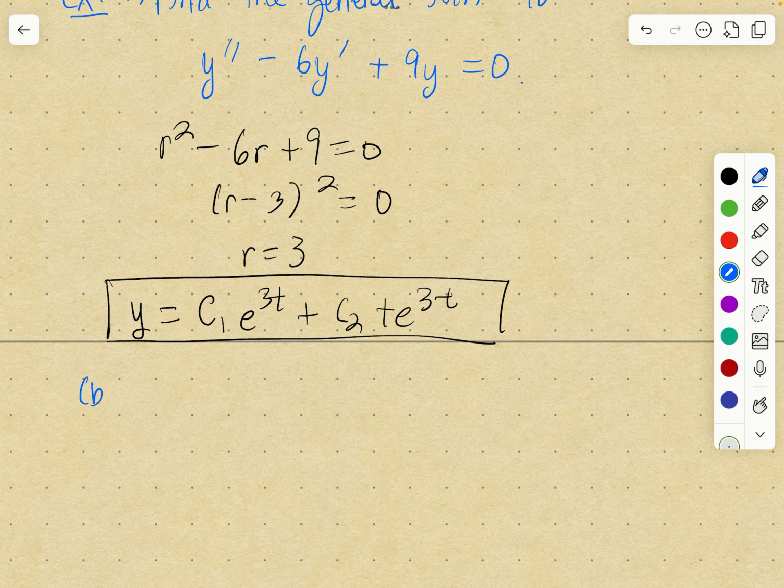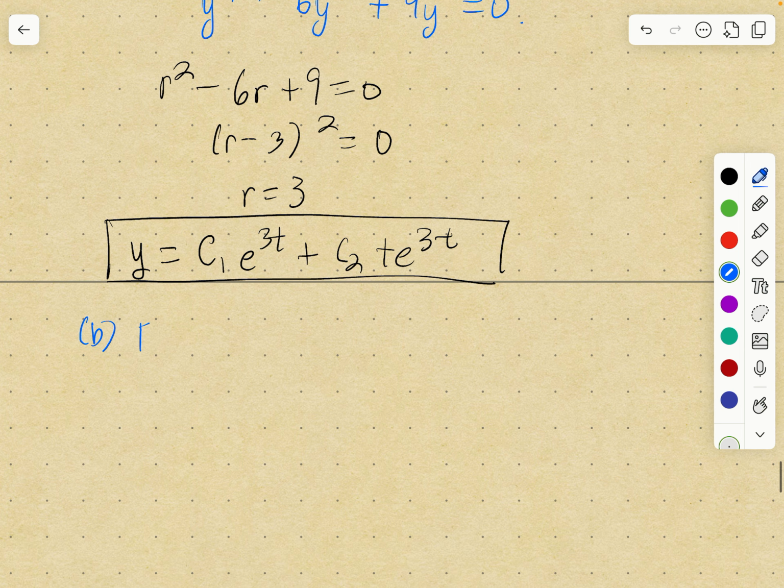Now let's do part B. Of course, we have to do something with more computation. So find the unique solution that satisfies the initial conditions.